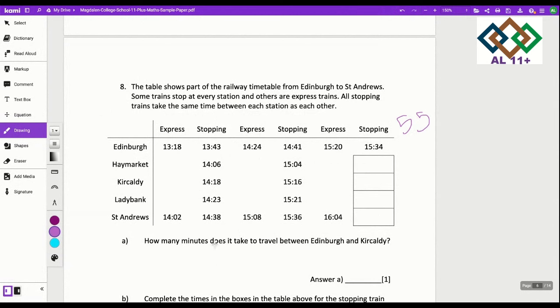So let's do that. How many minutes does it take to travel from Edinburgh, this place, to this place?